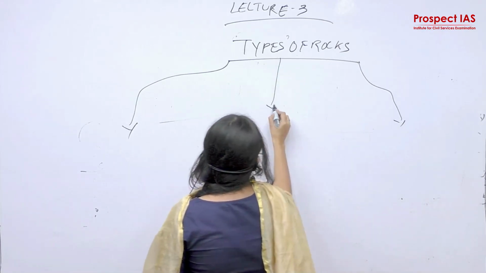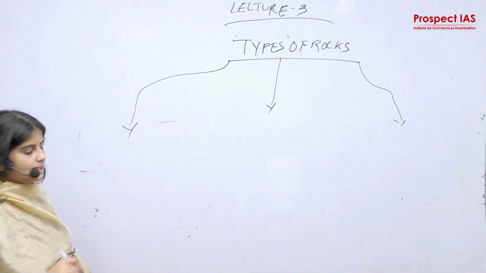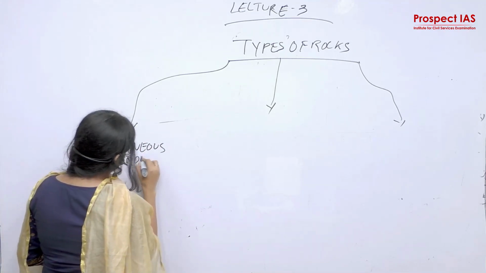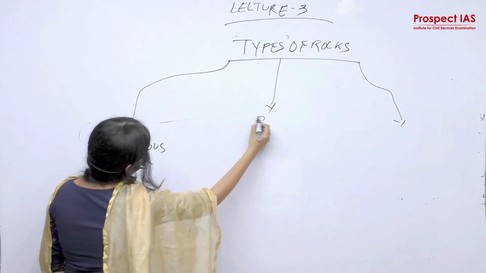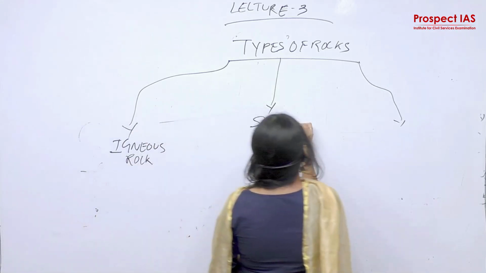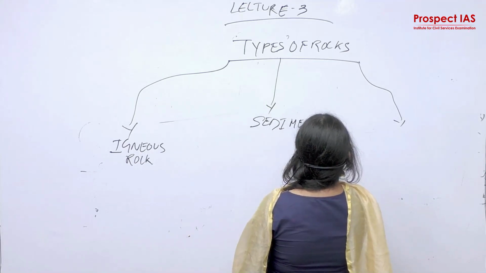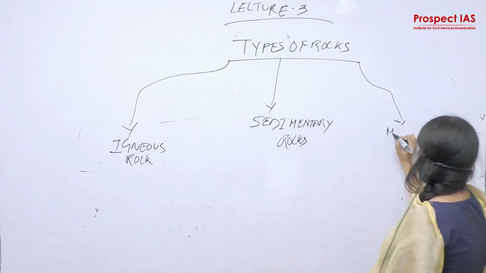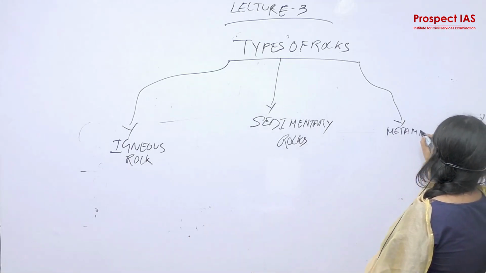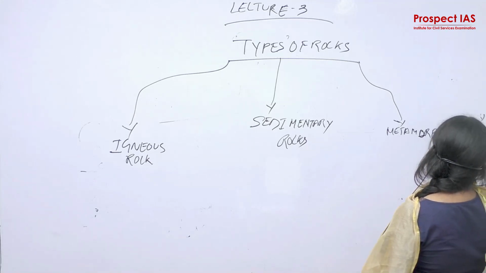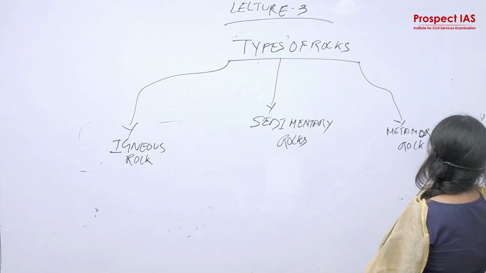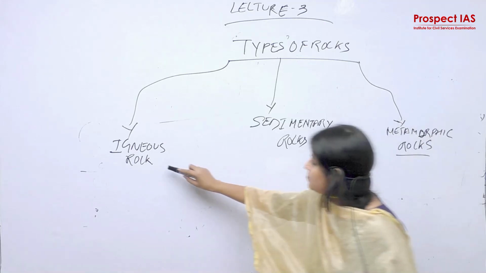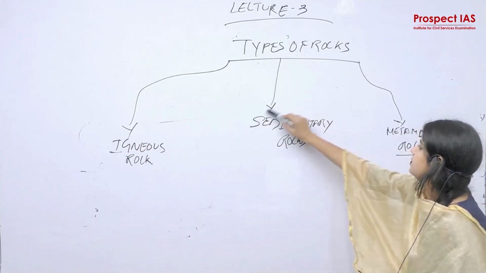So there are 3 types of rocks. What are these? Igneous rock, sedimentary rock, metamorphic. Let us first understand the literal meaning of each so that it is easier to understand the composition and mechanism. First you need to understand all the literal meanings of the words in geography, right?